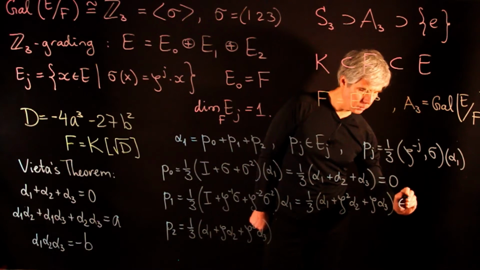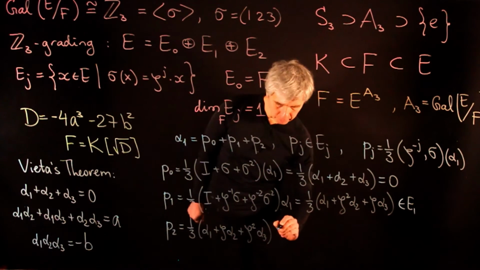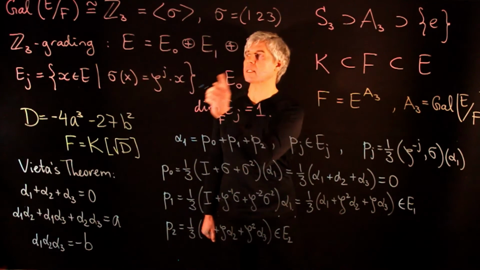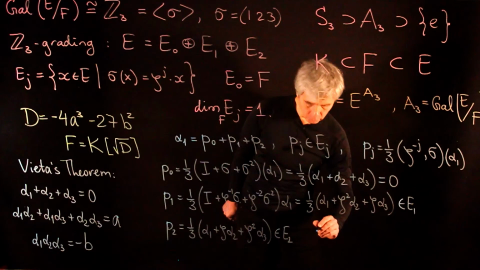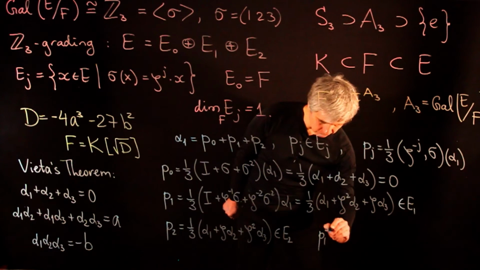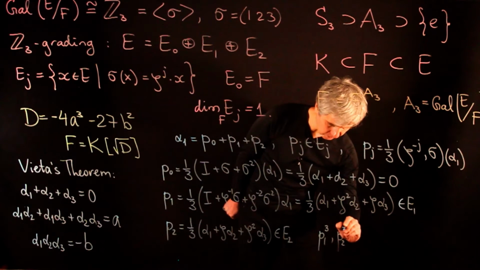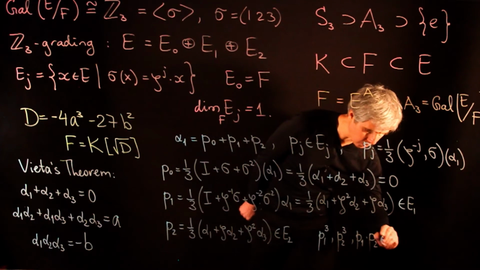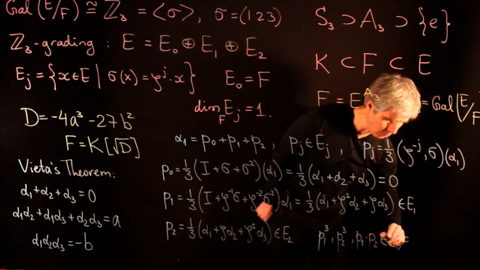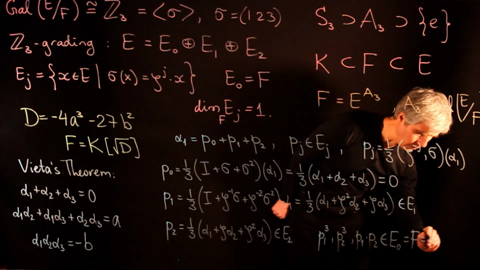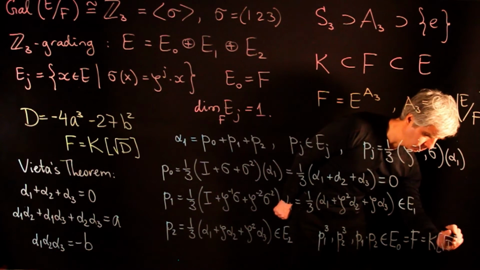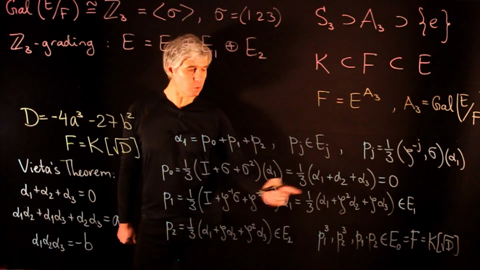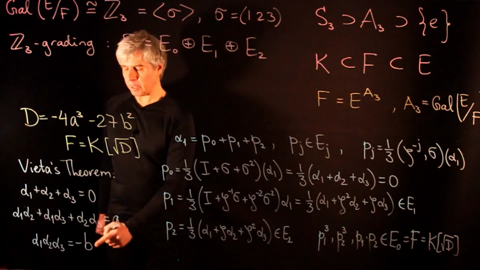Element P1 belongs to the component E1, and element P2 lies in the component E2. Since this grading is compatible with multiplication, we conclude that P1 cubed and P2 cubed, as well as P1 times P2, will all belong to component E0, which is our field F, which is K extended with the square root of D. Then we can do a straightforward but technical calculation of P1 cubed and express it in terms of A, B, and theta.